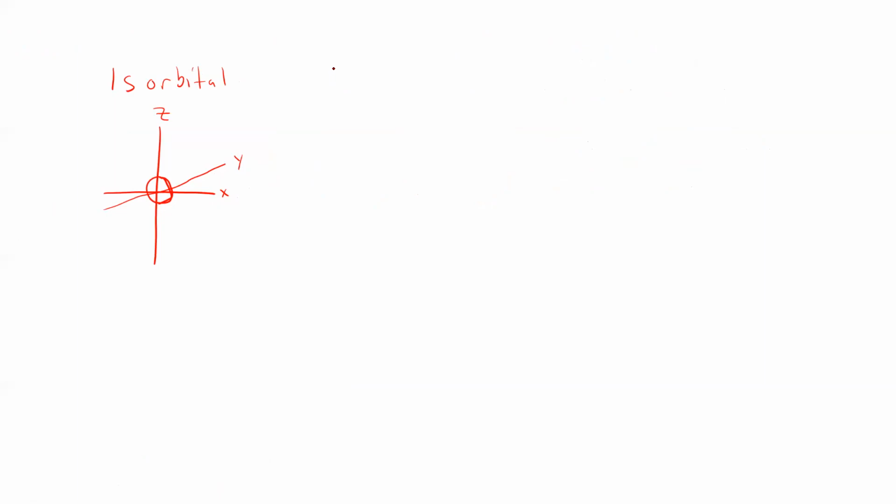If you're looking at a 2s orbital, again, we'll have a Cartesian coordinate system. Now you have to depict the two different lobes. What we'll do first is draw a smaller lobe, and then around that we'll draw the bigger lobe. Oop, I missed my small one. There we go.